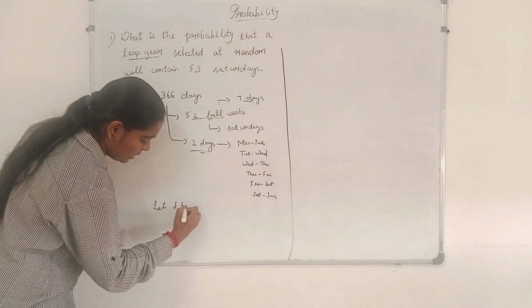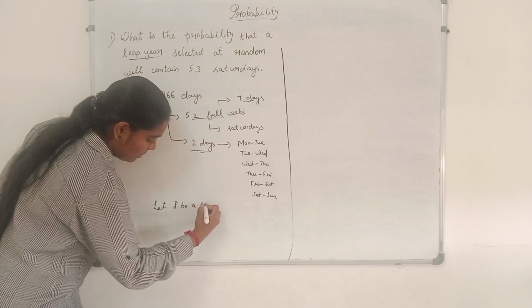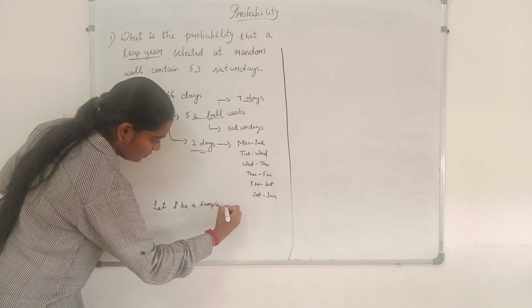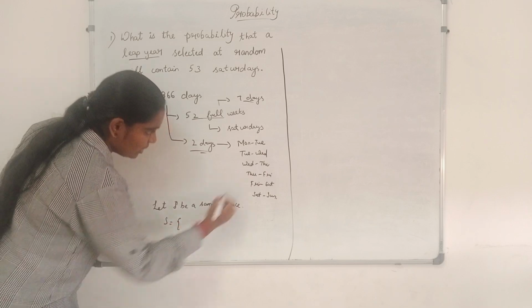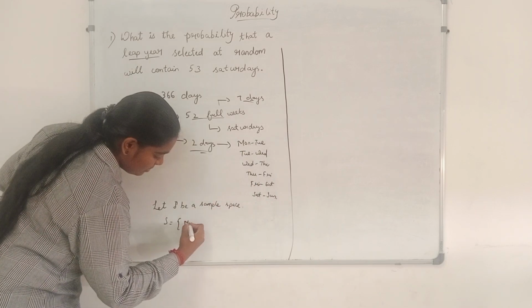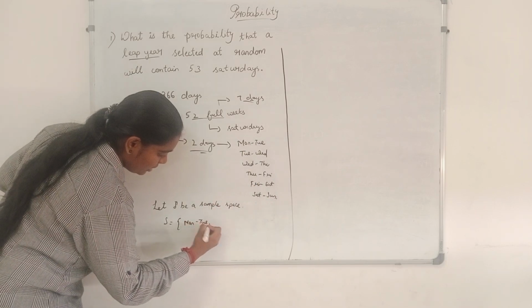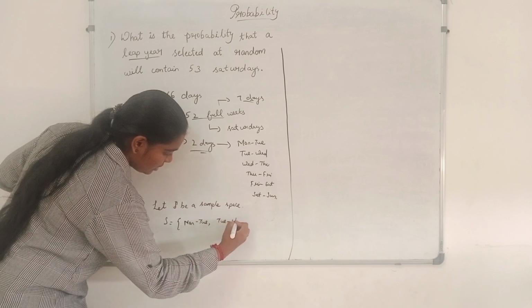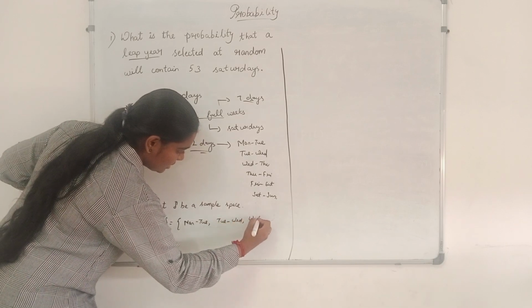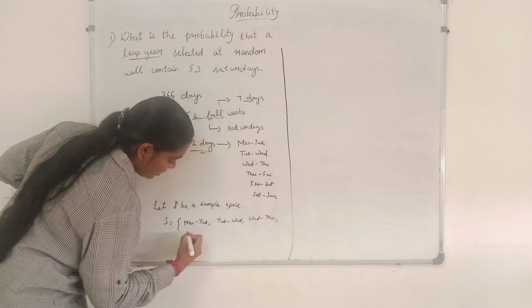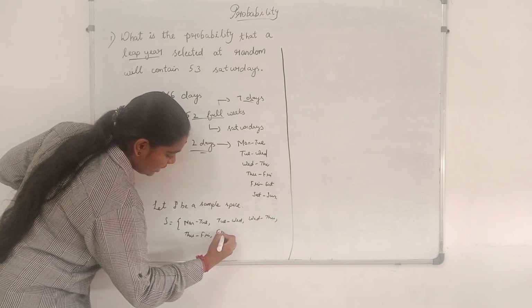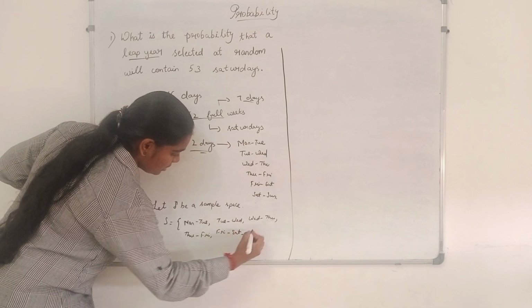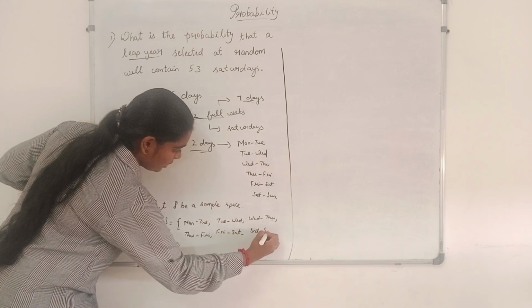Let S be a sample space. S equals, this is our sample space: Monday-Tuesday, Tuesday-Wednesday, Wednesday-Thursday, Thursday-Friday, Friday-Saturday, Saturday-Sunday.